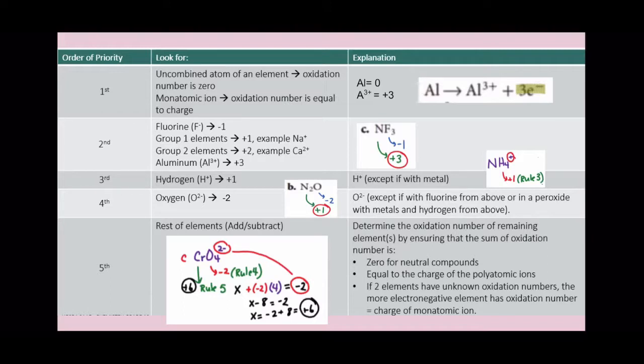So oxygen has 4 atoms, so you multiplied -2, the oxidation number, by 4, and added X to it and made it equal to -2. Why? Because it's the charge of the polyatomic ion in the example. So once you apply basic math steps, you'll realize that the oxidation number for Cr is +6.